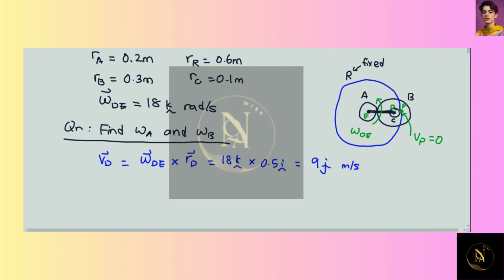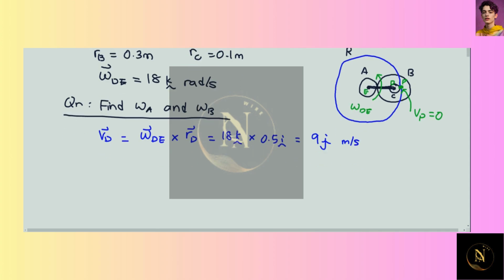We can determine omega B by using this equation.